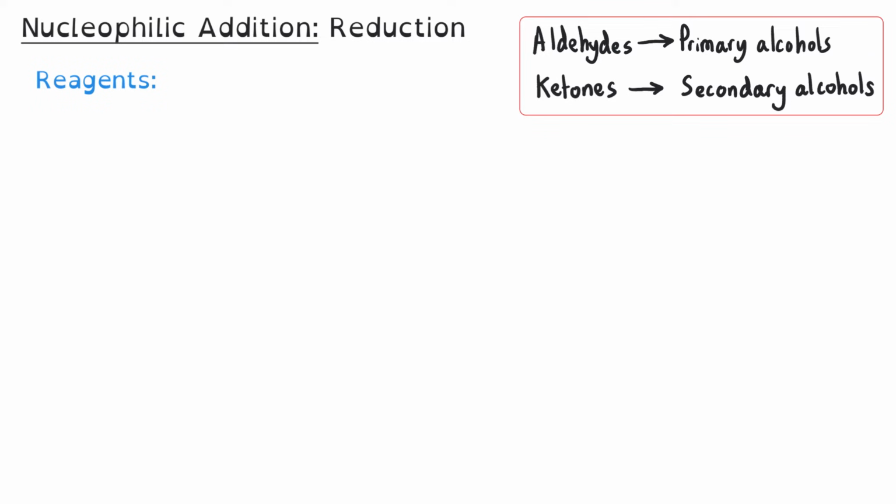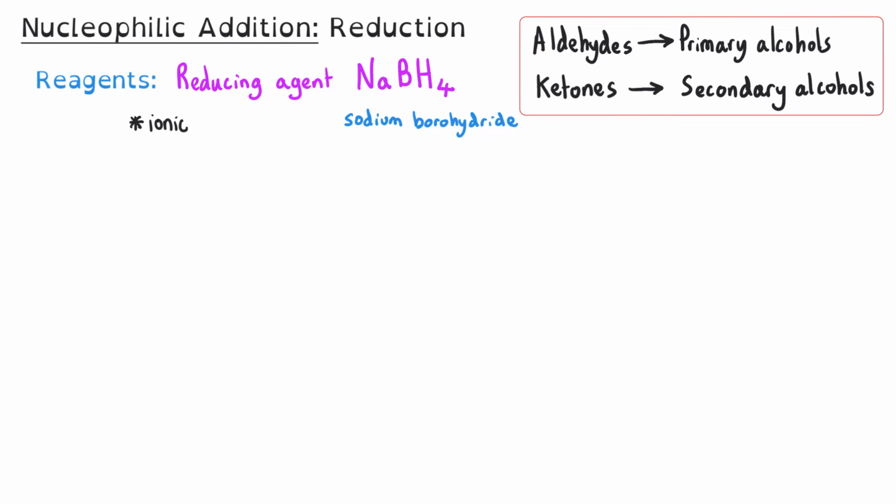In order to do this, we need to use a reducing agent, and the one that we use for the reduction of carbonyl compounds is sodium borohydride, or sometimes called sodium tetrahydridoborate, but you can just use its formula NaBH4. Sodium borohydride is an ionic compound, and when it is dissolved in water to make an aqueous solution, it is a source of the hydride ion. And so it's really important that we know that the condition for this reduction is to use a water solvent.